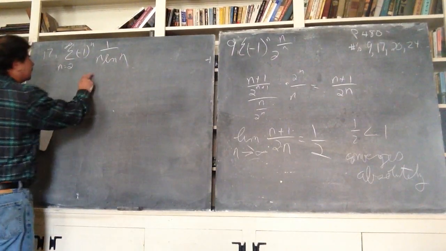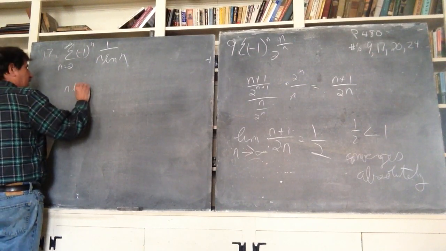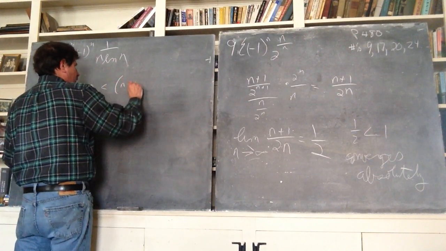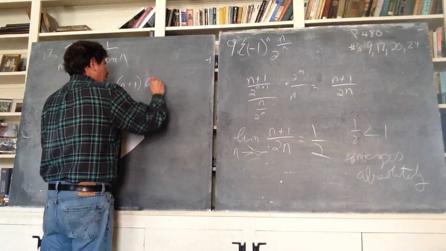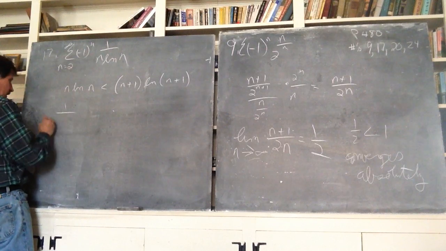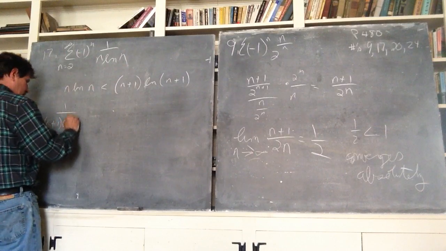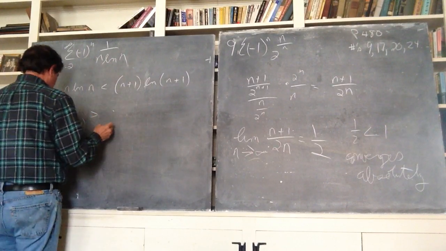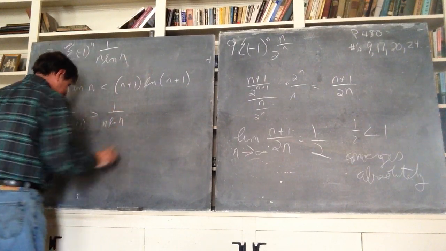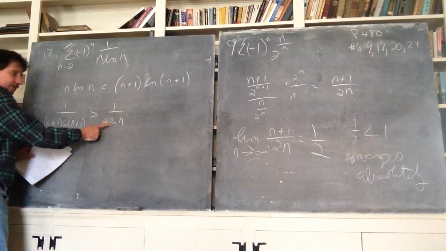I'm going to compare this. Note, n log n is less than n plus 1 times ln n plus 1. So that 1 over (n plus 1) ln (n plus 1) is less than 1 over n ln n.